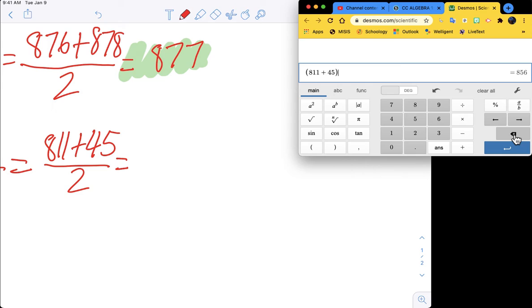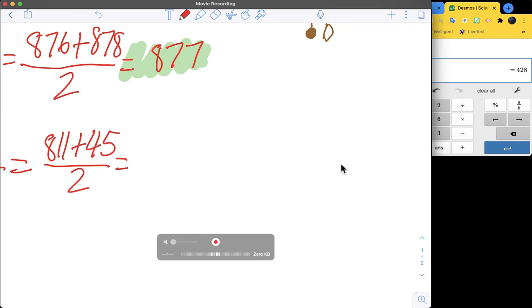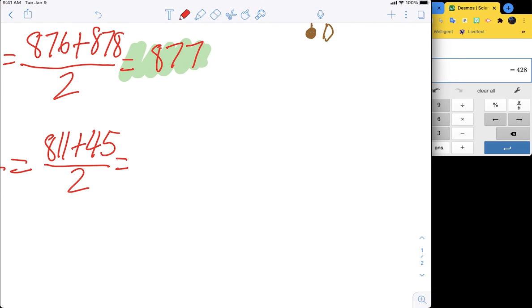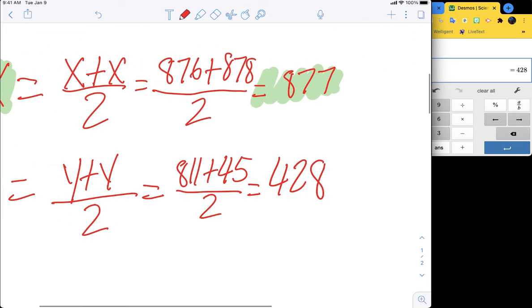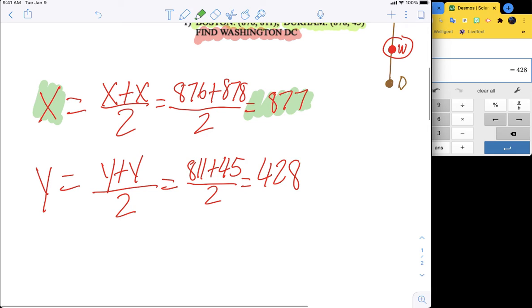Yes, here we go. Divided by 2. 811 plus 45 is 856, divided by 2 is 428. So I go back. This is y equals 428.